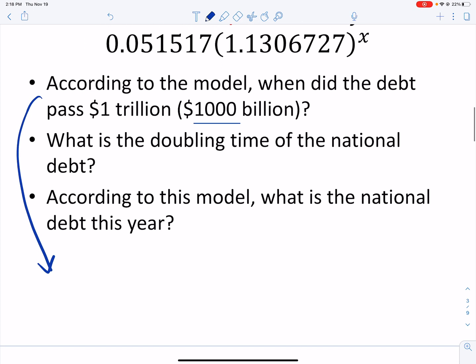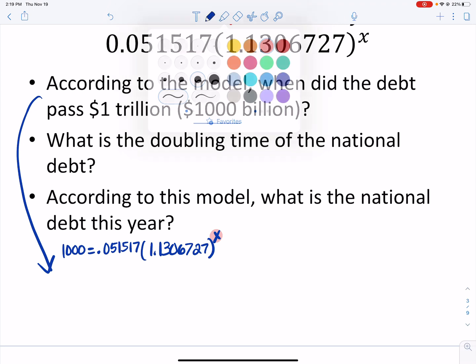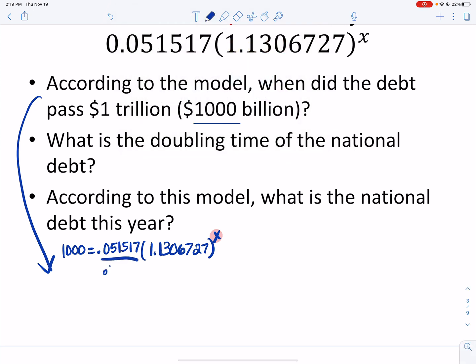So I would have 1,000 equals 0.051517 times 1.1306727 to the x. My variable is in the exponent, which means I'm going to need logs, but you can't log from here. So you first have to divide by this.